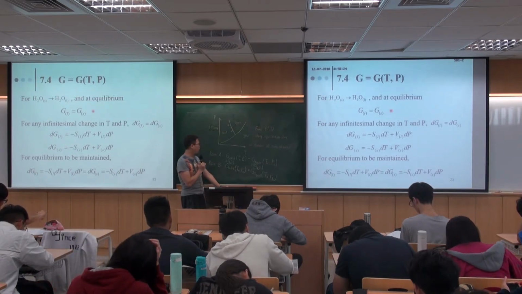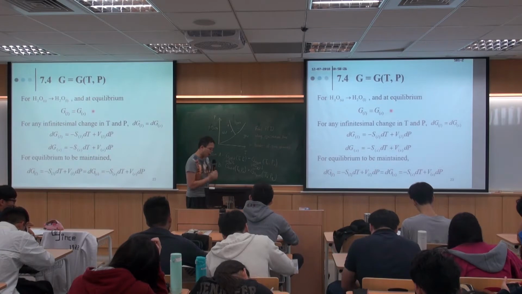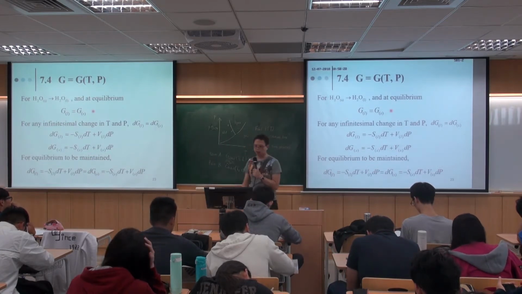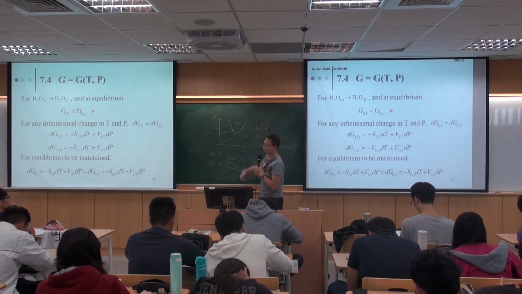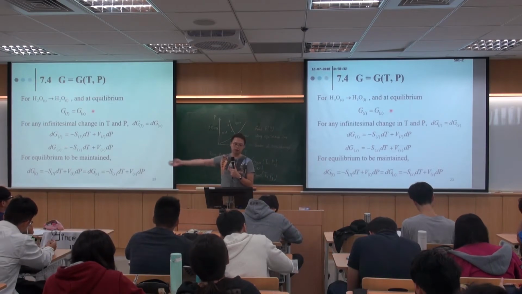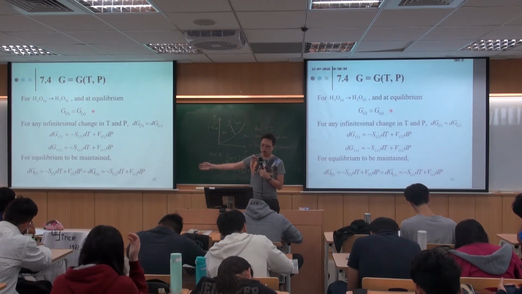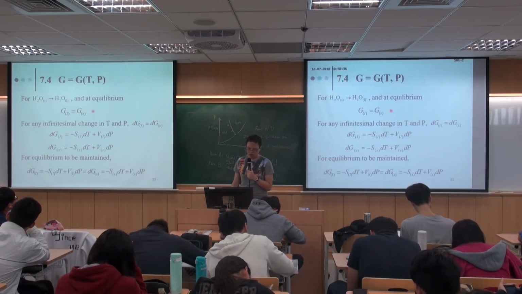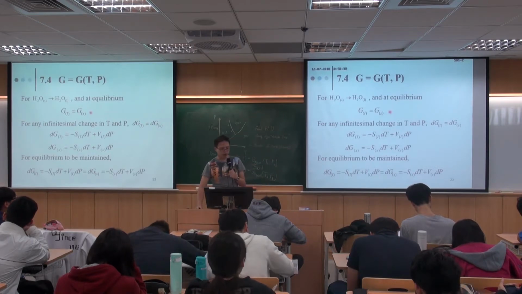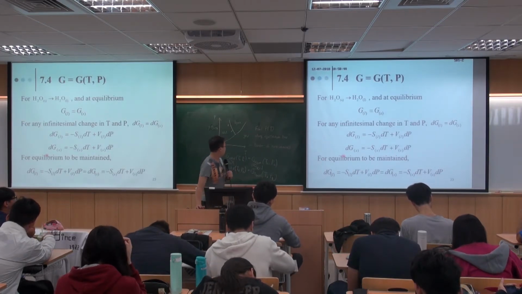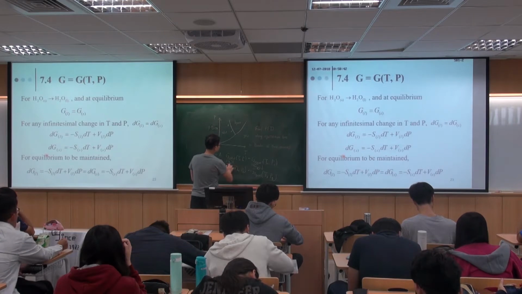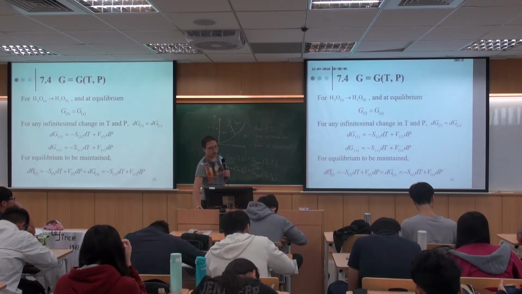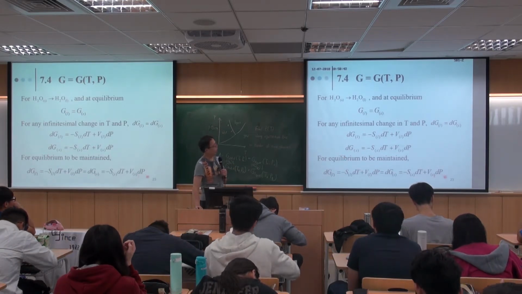And therefore, we know that dG is minus S dT plus V dP, and we'll go through these derivations that you will see in the textbook. So for the equilibrium to be maintained, we also have this condition. These two should be the same, so we can write these down.